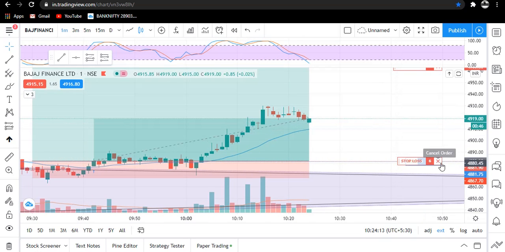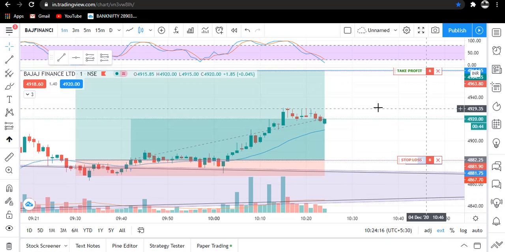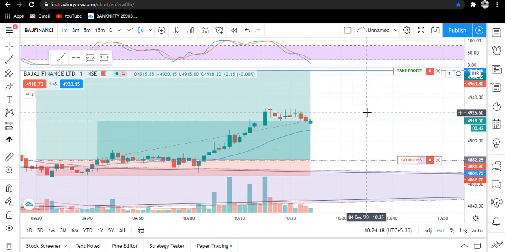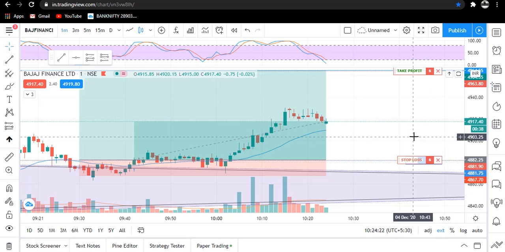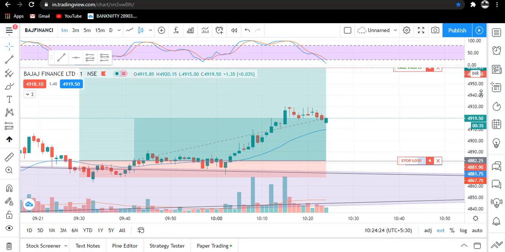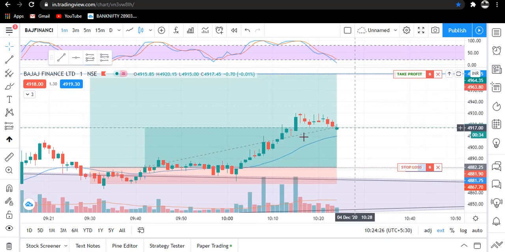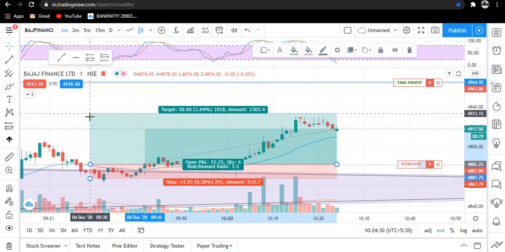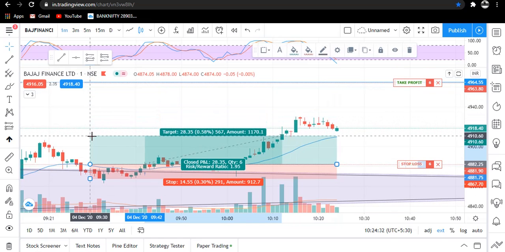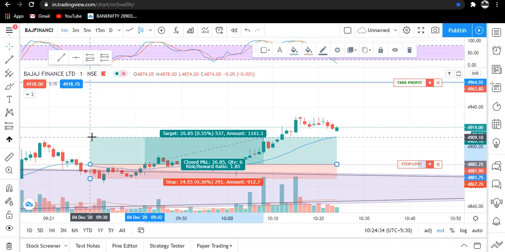So I'm exiting now? What to do? It is creating confusion for me as well. So let's see, if we trail our stop loss to here, how much risk reward are we going to get? If we trail till here, we will be getting 1.82.